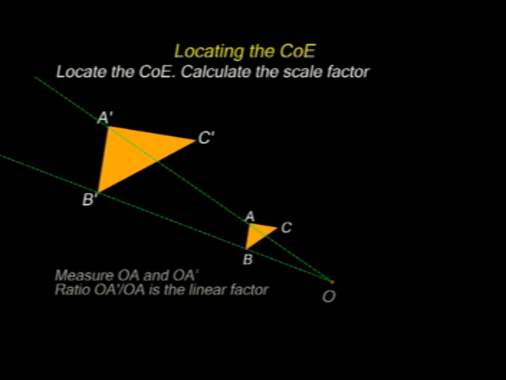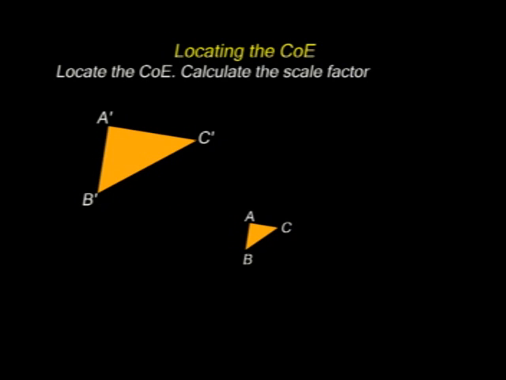Again, we repeat that. We have two similar figures here, A, B, C and A prime, B prime, C prime. We want to find the center of enlargement and the scale factor. To do that, we said you join the corresponding vertices and produce the lines. So join A to A prime and produce it. Join B to B prime and again produce it.